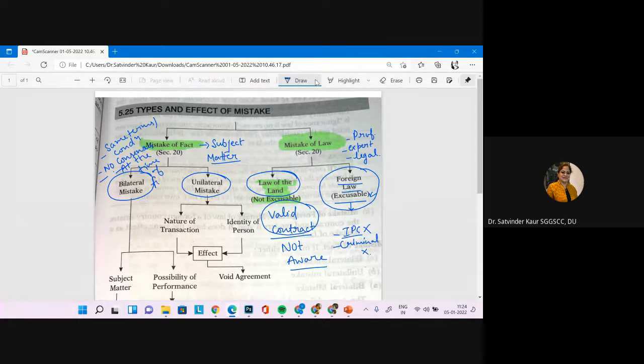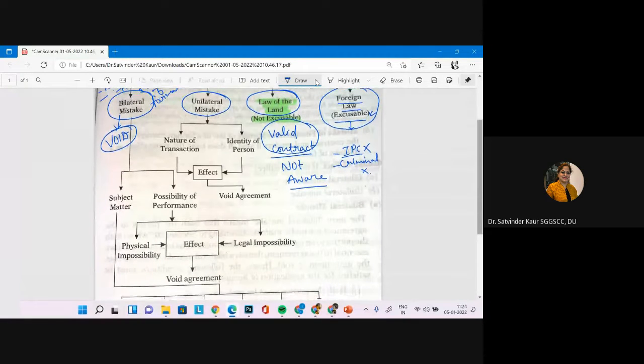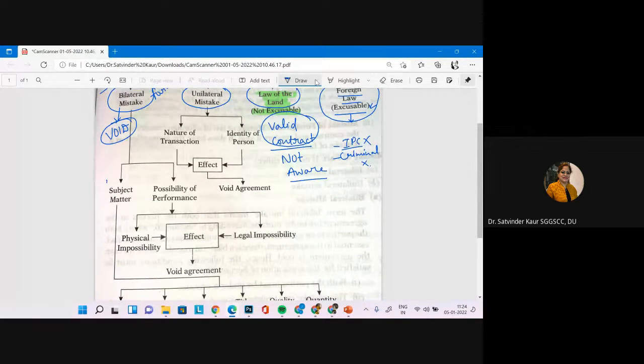So in this particular case, if there is a bilateral mistake, the particular agreement is going to be void, right? The bilateral mistake can be with respect to the subject matter of the contract or with respect to the possibility of performance.